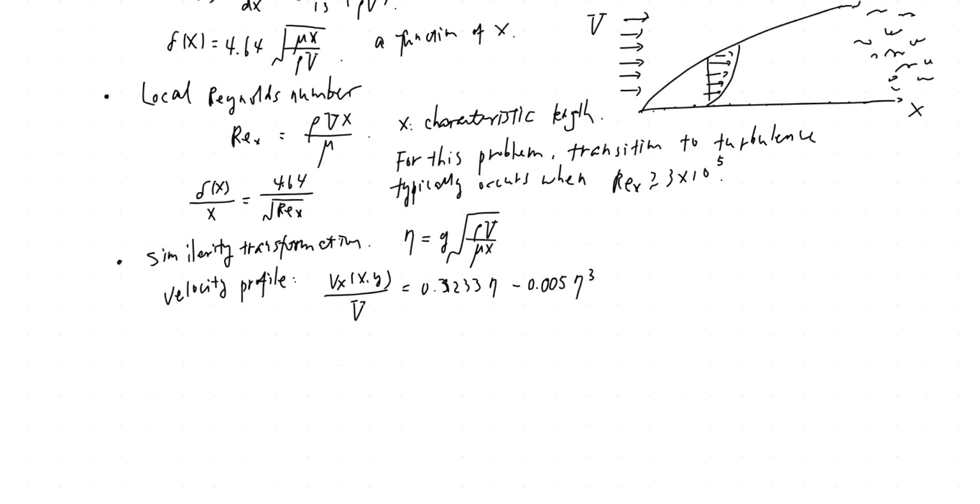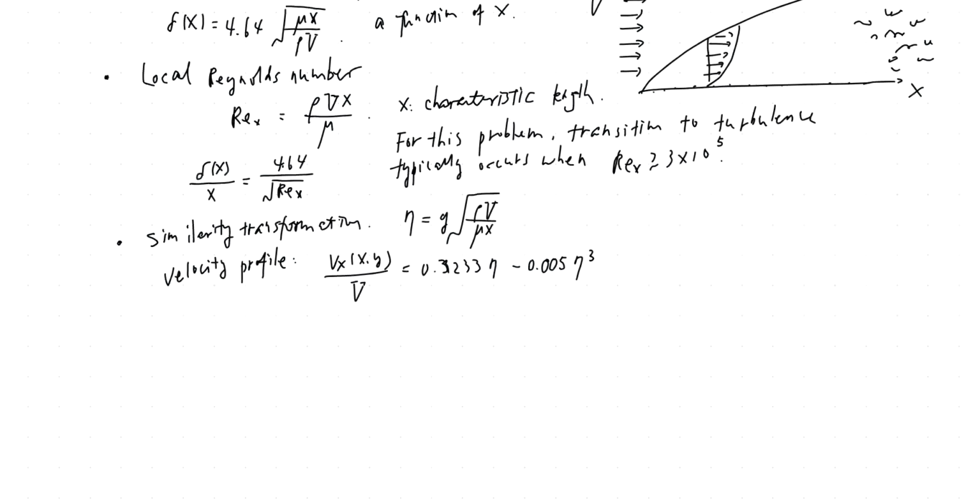And then we can also get the transverse velocity at the edge of the boundary layer. That means we can also find Vy at y equal to delta. We had an equation for Vy from the mass balance. You just need to be patient and work through the calculation.